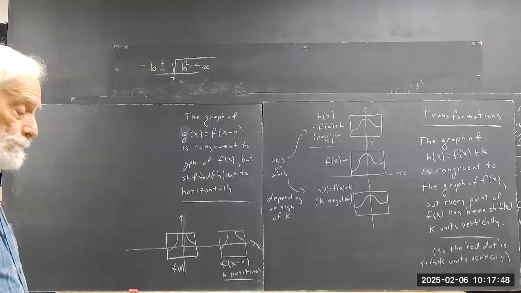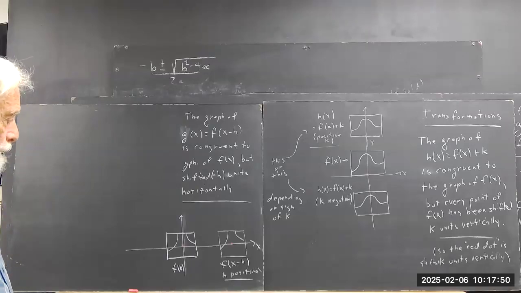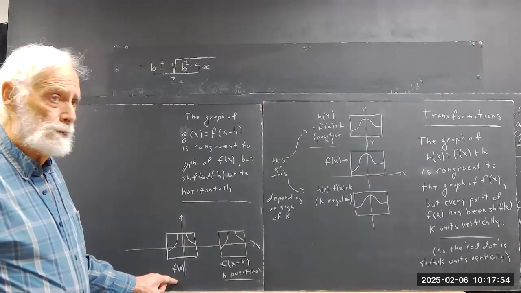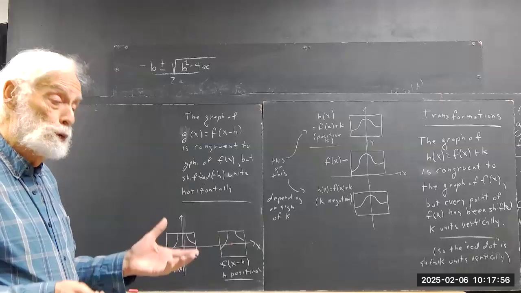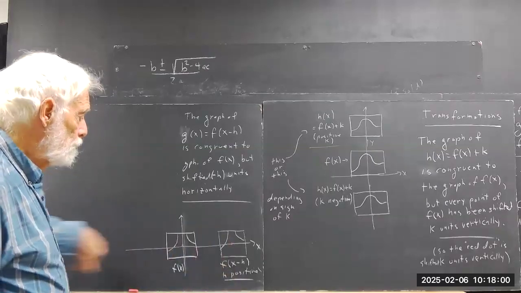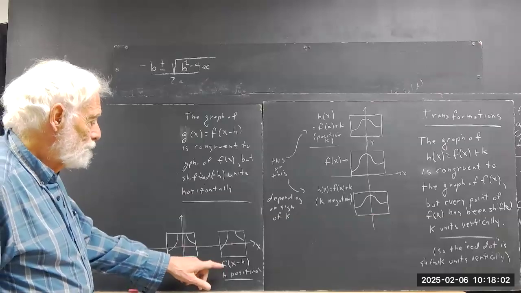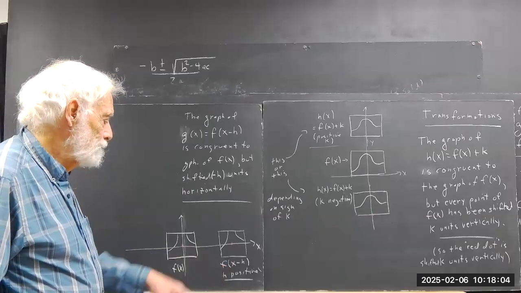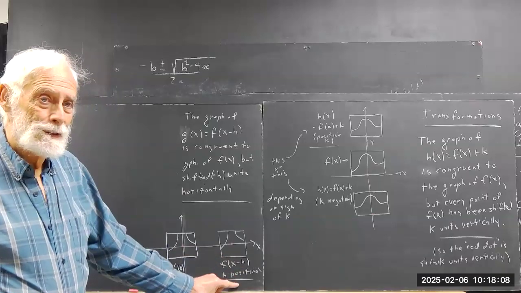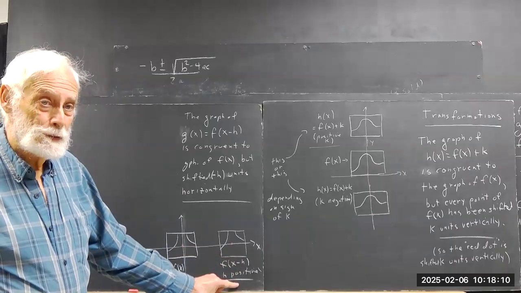Okay. So if you shift the graph of f of x to f of x minus 2, the minus 2 makes you think that you have to go to the left. But the rule is that f of x minus h shifts h units.